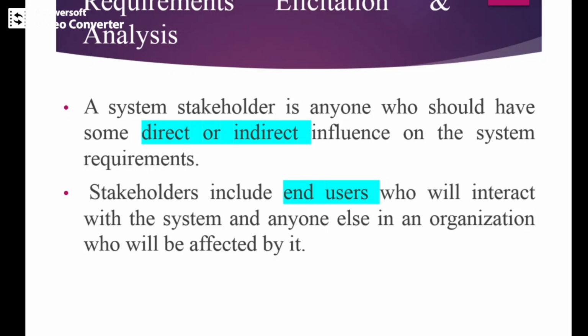So, a system stakeholder is anyone who has some direct or indirect influence on the system requirements. Stakeholders include end users who will interact with the system and anyone else in an organization who will be affected by it.